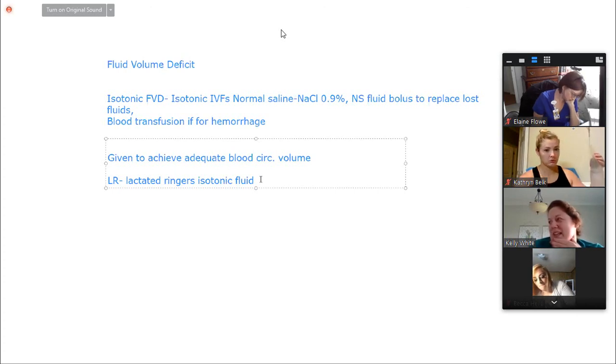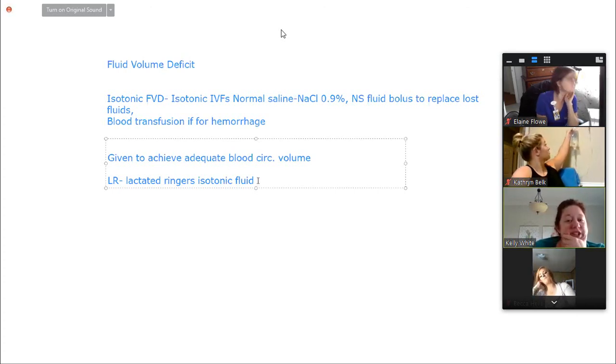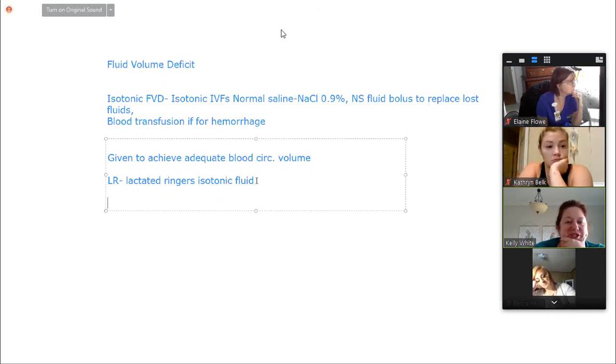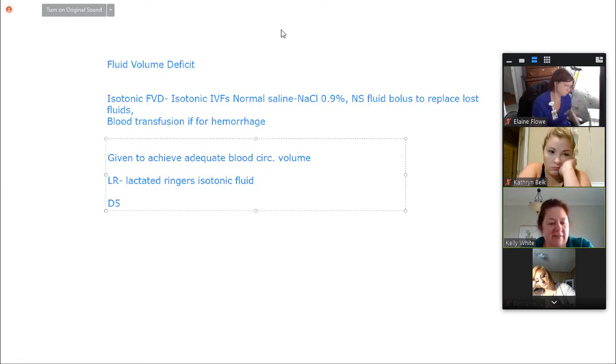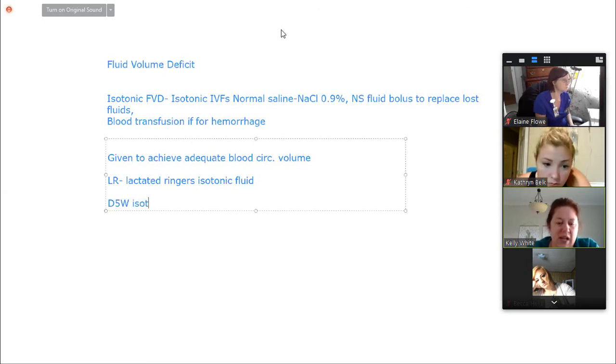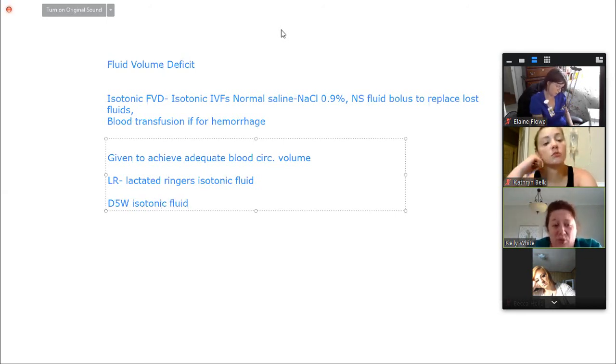All right. I do want to comment to make sure that everybody is well aware of this. When you look at your charts and graphs and everything, it is going to list D5W as an isotonic fluid. However, it is only considered isotonic when it's sitting in the bag and when you immediately infuse it.